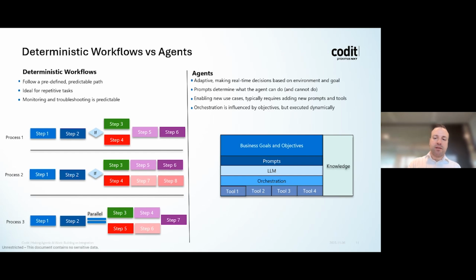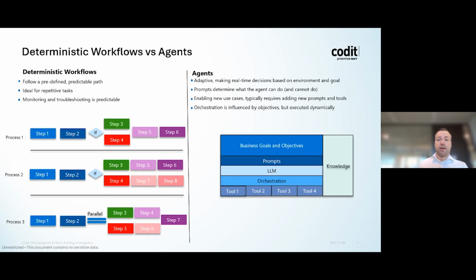And given that objective, the agent can use a large language model. They can use the tools and the knowledge to then orchestrate this business process in a very loosely coupled manner. And should any additional processes emerge, it may be very easy to implement this by just changing your prompt and updating your knowledge or adding any additional tools to enable your agent to perform new tasks.